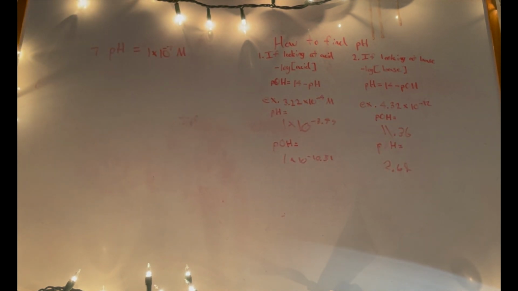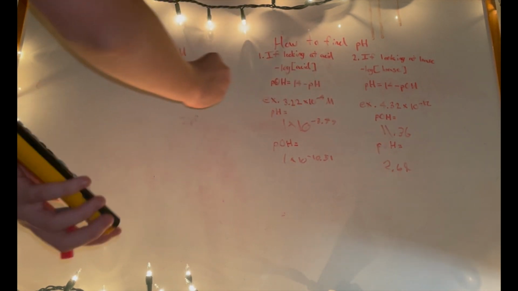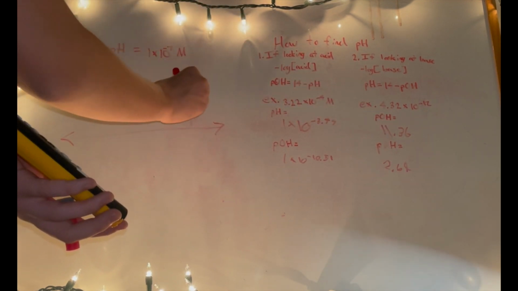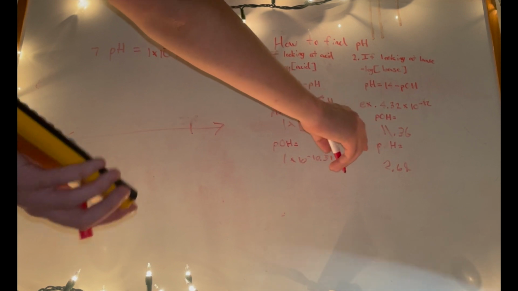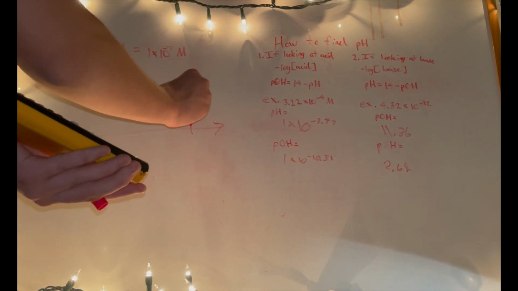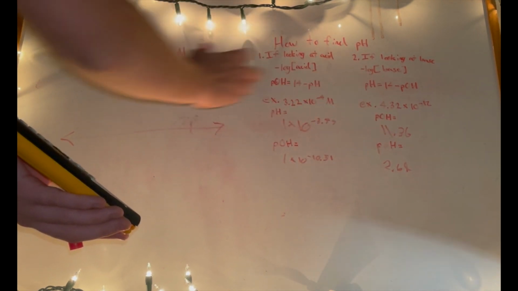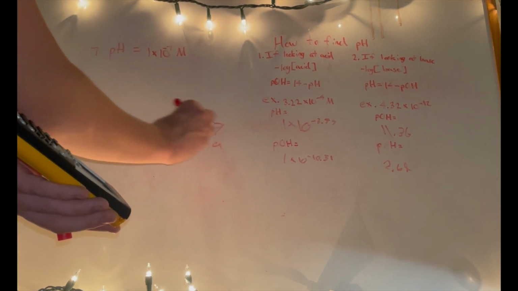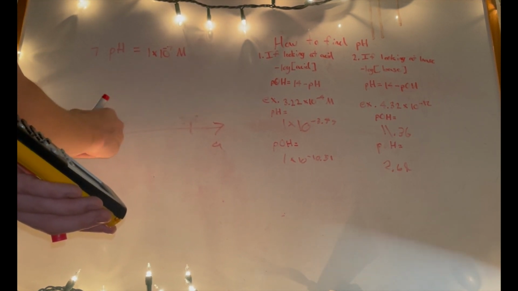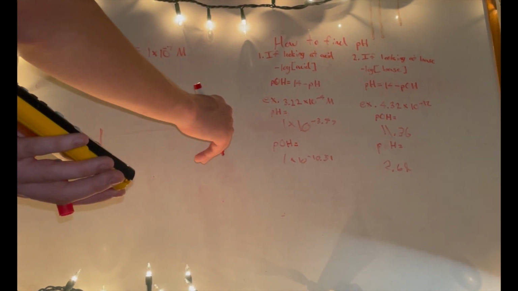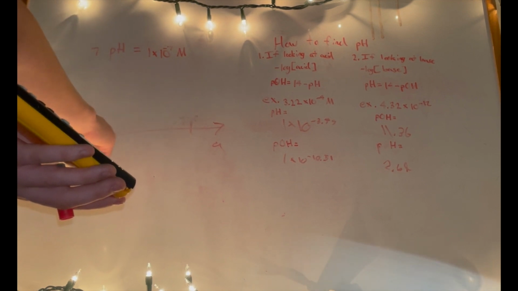And what that means is basically, on the pH scale, it's kind of flipped. So on the pOH scale, base is here, acids here. That would be here on the pOH scale and here on the pH scale, and it would still be basic is what I'm saying.